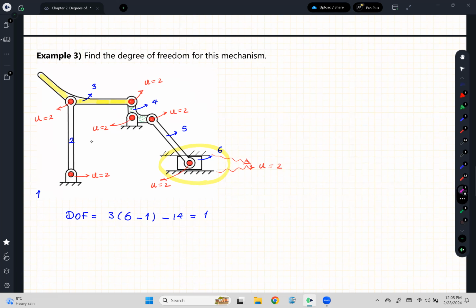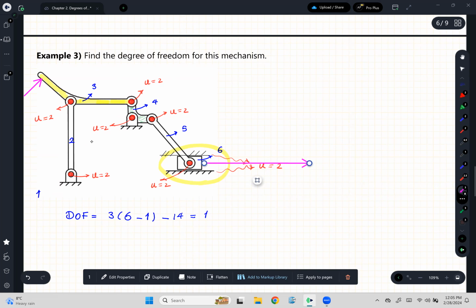You can sort of guess what this mechanism is. If I apply load and push these things up that way, it's going to move those things that way. Or maybe I'm wrong, the other way, which we'll learn more about later.